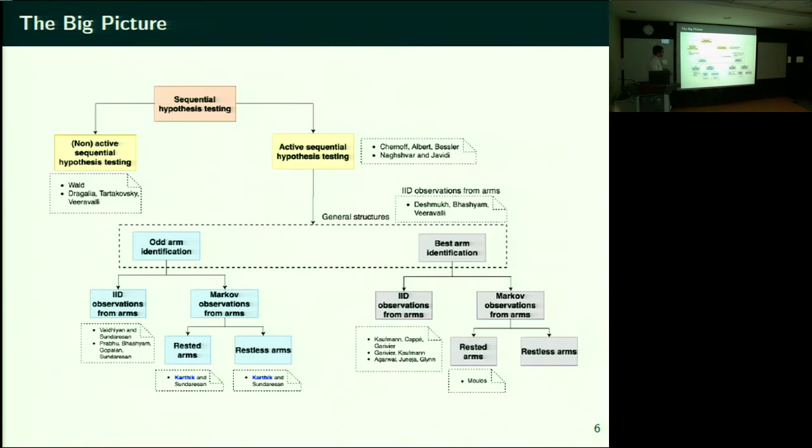All of these problems can be looked at under a broad framework of a general composite hypothesis testing problem. Within this, of course, you can consider cases where each arm gives either IID observations or Markov observations. As you can see, the movie example is odd arm identification with Markov observations with restless arms. This is what I'm going to mostly focus on for the rest of the talk. So is the setting clear?